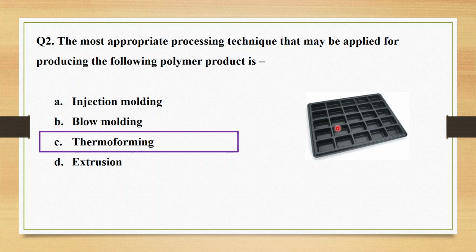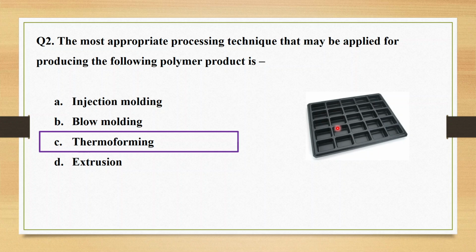Now what is thermoforming? If you remember, thermoforming was the only process where you take the plastic to a state where it's not completely melted, but you slightly elevate its temperature so that you can deform it to a certain extent. Once you get to that state, you press a mold onto it.